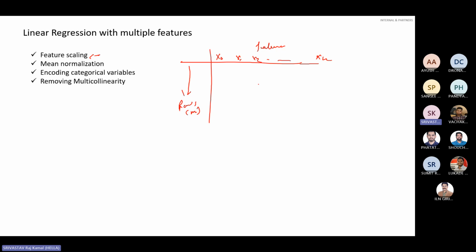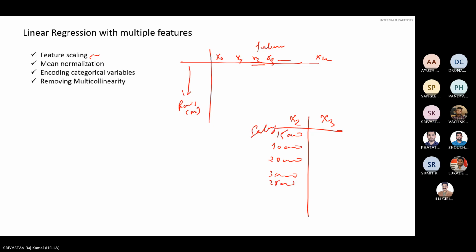Now, as I mentioned, suppose we discuss these two variables, x2 and x3. The values of x2 are somewhere around 15,000, 10,000, 20,000. It could be 30,000, 25,000. It could be, say, salary, right?